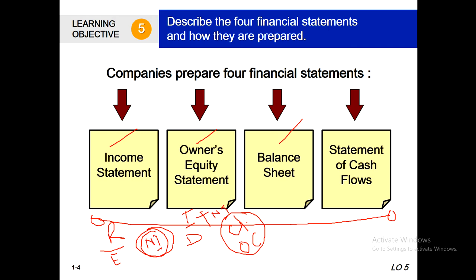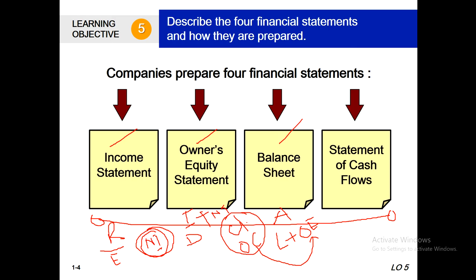So in the balance sheet we have two items: assets, and liabilities plus owner's equity, the owner's capital. Here, owner's capital means the closing owner's capital.